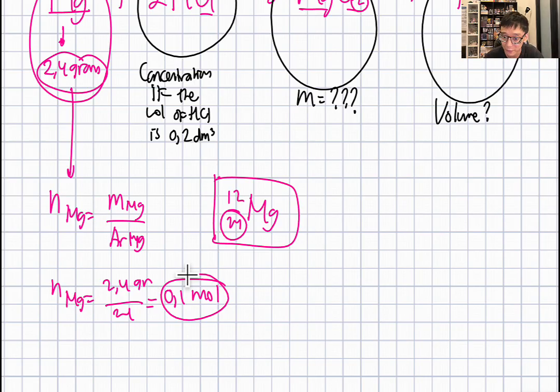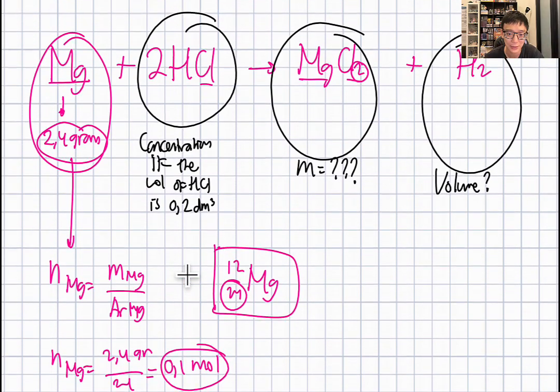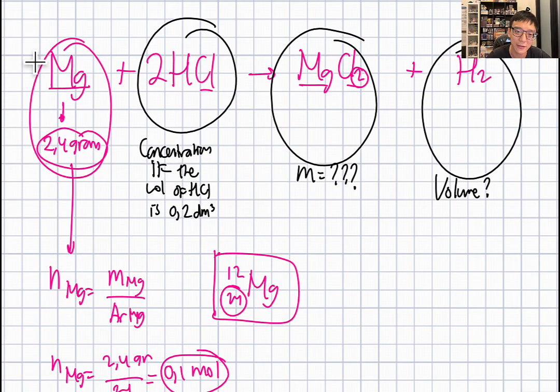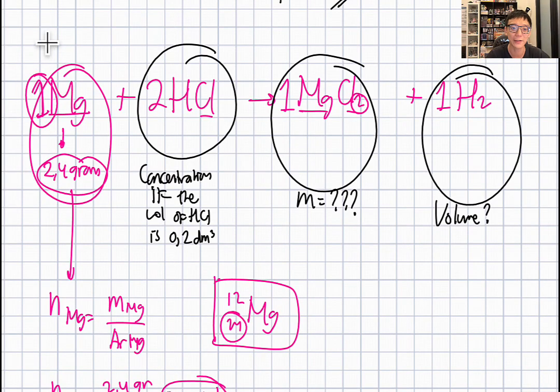With this in mind, we can find all the other answers. So you see here that there is no number in front of magnesium. If there is no number, it means it's just 1. So imagine that one magnesium, or one piece of clothing, the price is 0.1 mole. What would be the price of two things? 2 times, so 0.2 mole.